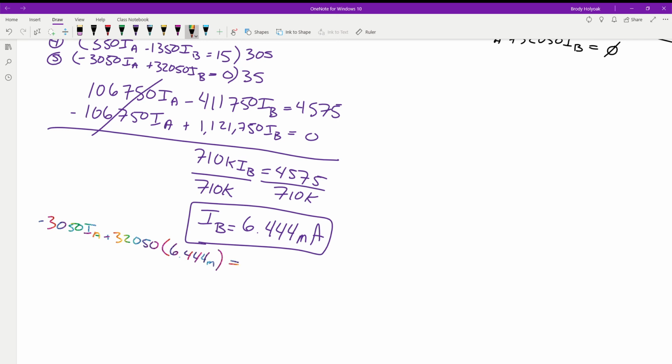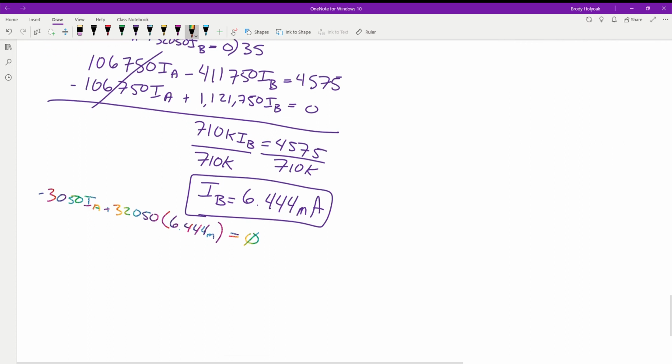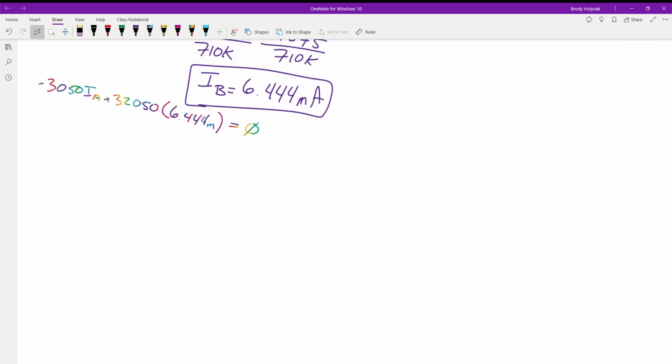That is equal to 0. So we multiply that out. We get minus 3050 IA plus 206.530 equal to 0.